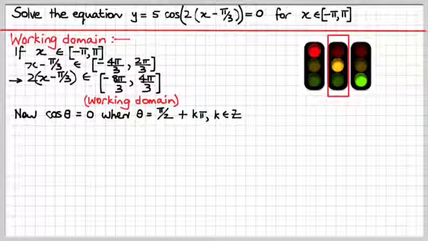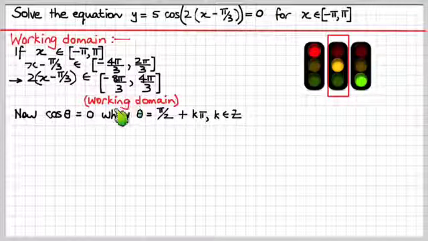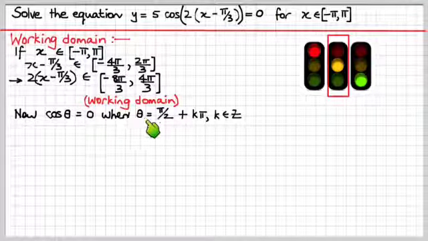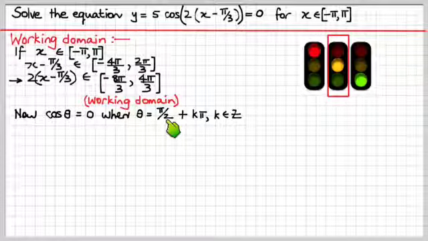Now, we've got to get to the bottom of this. We're looking at when 5cos of something equals 0, or in other words, just when cos of something equals 0. Well, we know that when cos is 0, we're talking about π/2 as the first occasion to the right of the y-axis for the graph of cos, where the value of y equals 0.